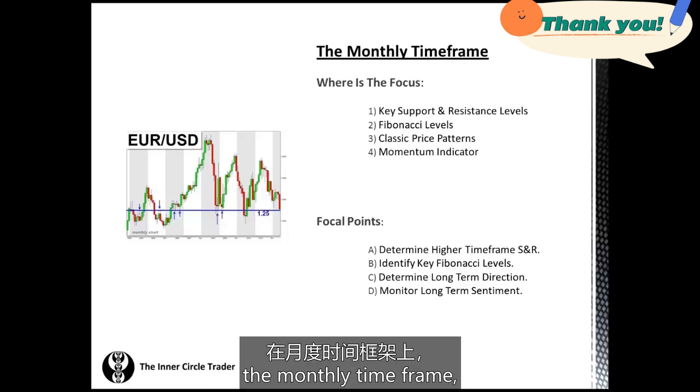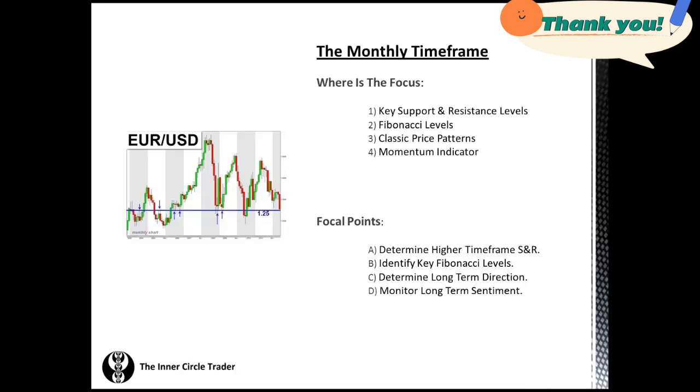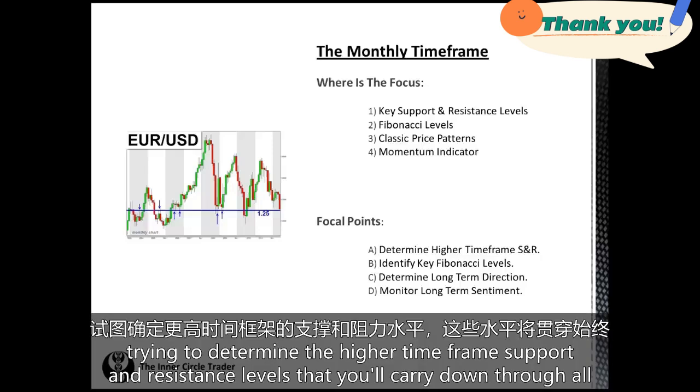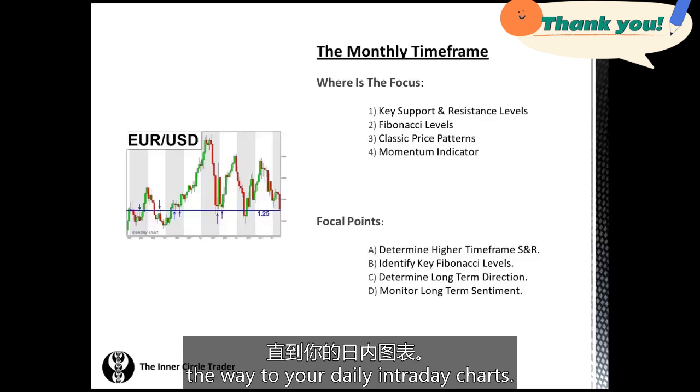But the monthly time frame, your focal points are going to be trying to determine the higher time frame support and resistance levels that you'll carry down through all the way to your daily intraday charts.